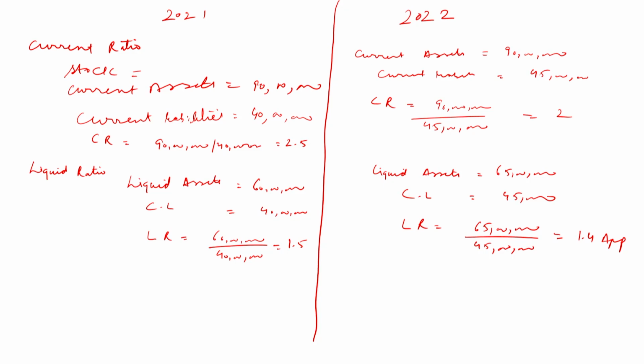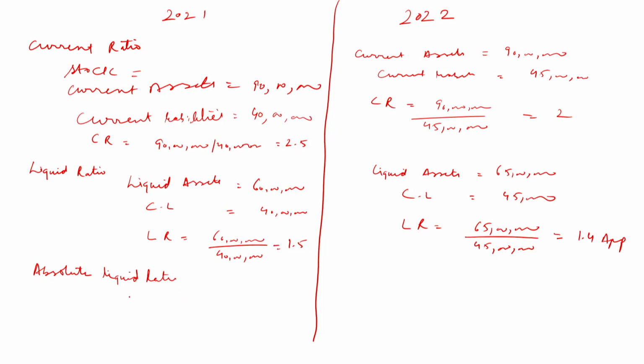Again, the figures of 2021 show a higher liquid ratio in comparison to the year 2022. Then we have the absolute liquid ratio, in which we just take cash and marketable securities of the year 2021.